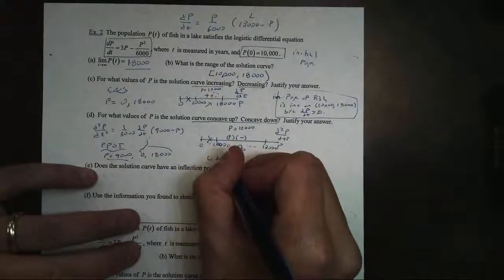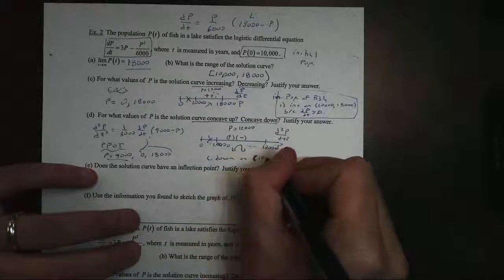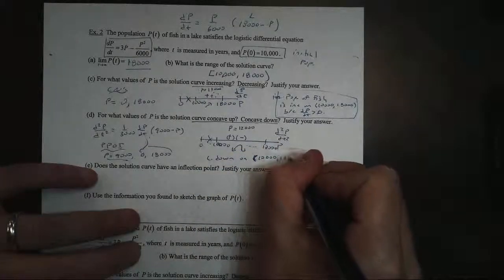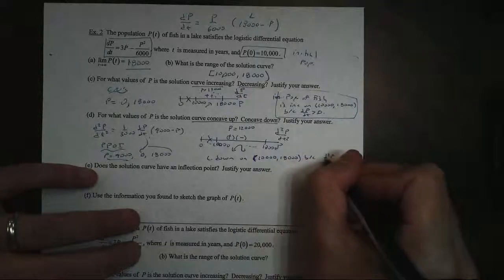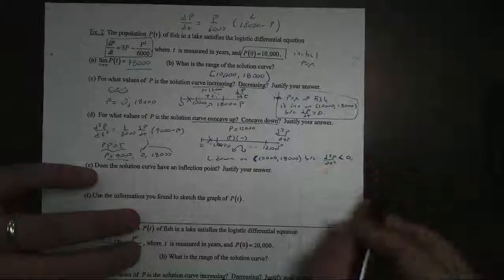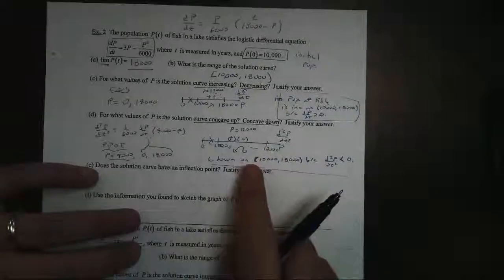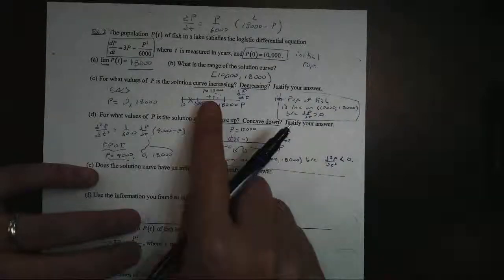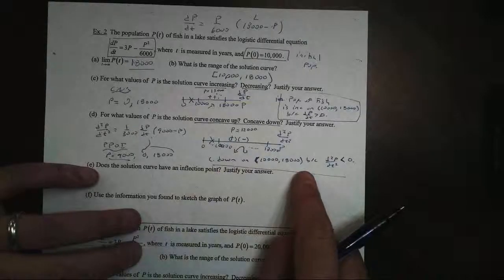So this is concave down on the interval 10,000 to 18,000, and that is because the second derivative is less than 0. So what's that telling us? That the population of fish in this case is still increasing, but it's increasing at a decreasing rate.